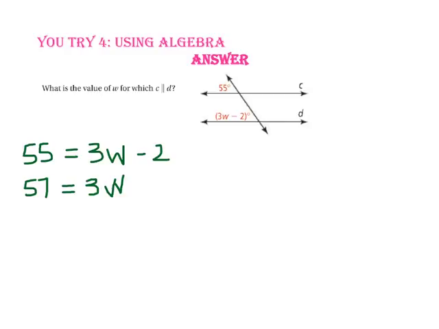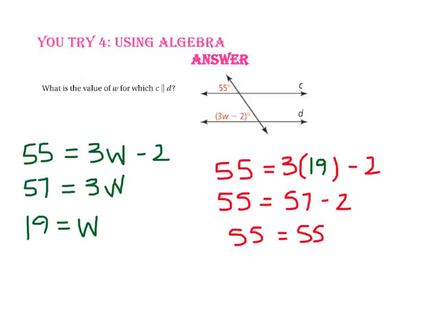Finally, we'll use the division property of equality to get 19 equal to W. Remember to substitute 19 in for W in our expression or your original equation to make sure that you have the right answer. Since 55 does equal 3 times 19 minus 2, we know we are correct.